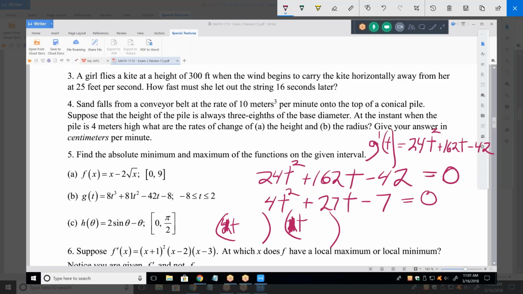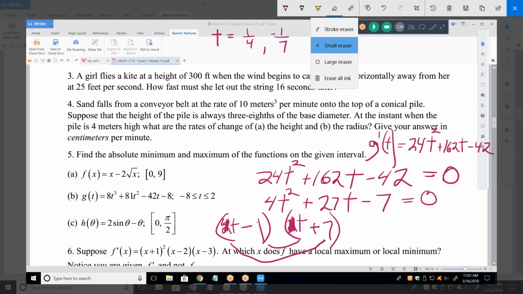I think this works. Yeah, it does. Minus plus 7 minus 1. That will produce that middle term of plus 27t, because you have a 28t there, and you got minus 1t there. Yep. Okay, so the places where this occurs are 1/4 and -1/7.